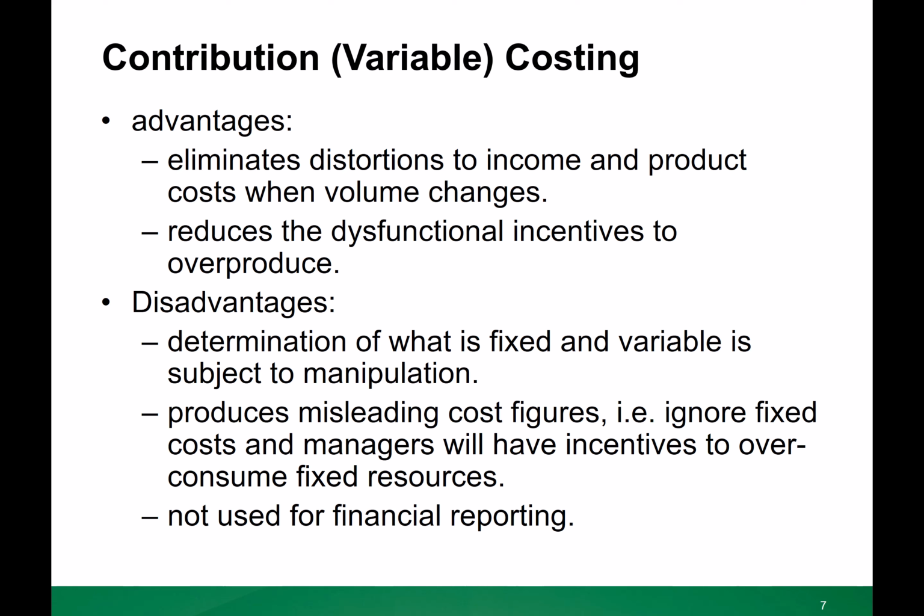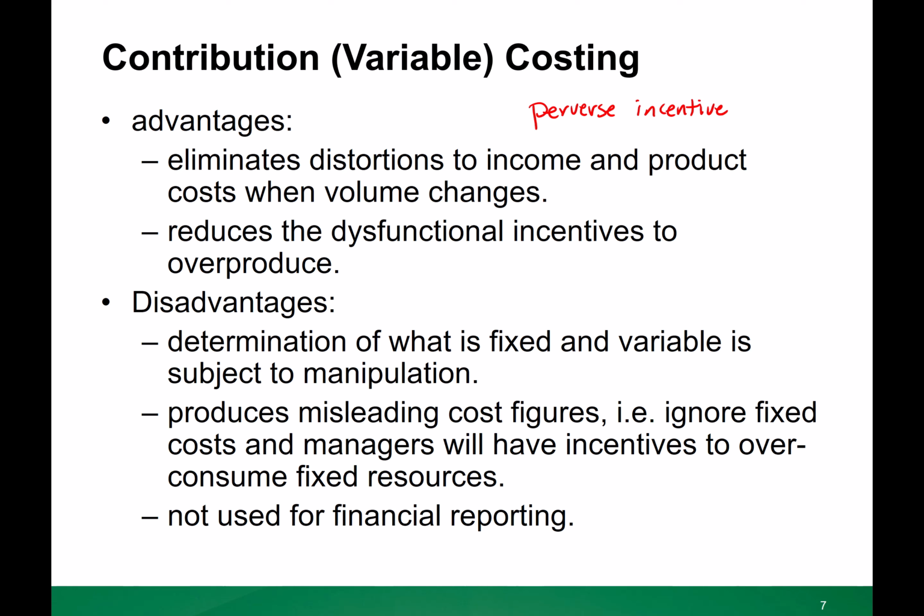The other advantage is it reduces the dysfunctional incentive to overproduce, which I sometimes refer to as a perverse incentive, or that you're being incentivized to do the wrong thing. So you're the production manager and you're told, hey, product costs are presently $5 per unit. You get it down to $4.50 per unit and you'll get a bonus.